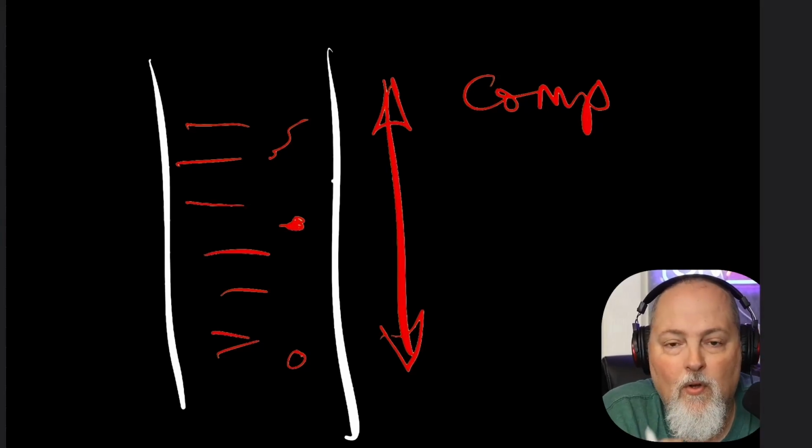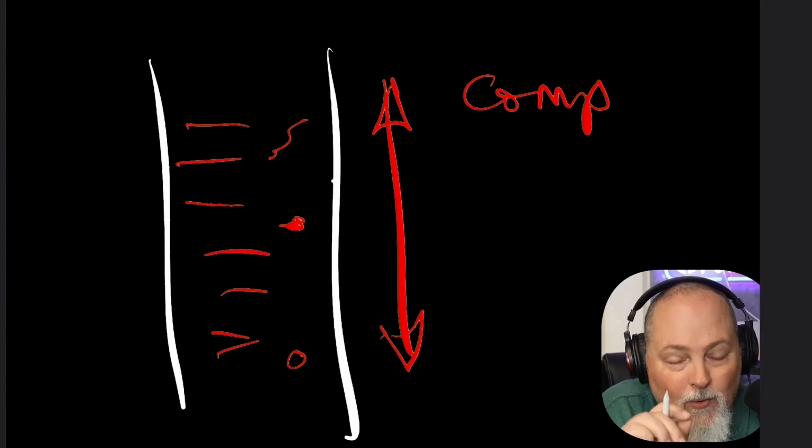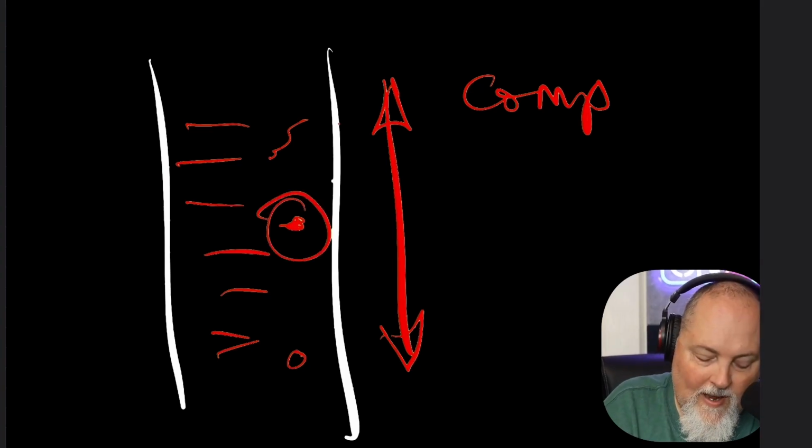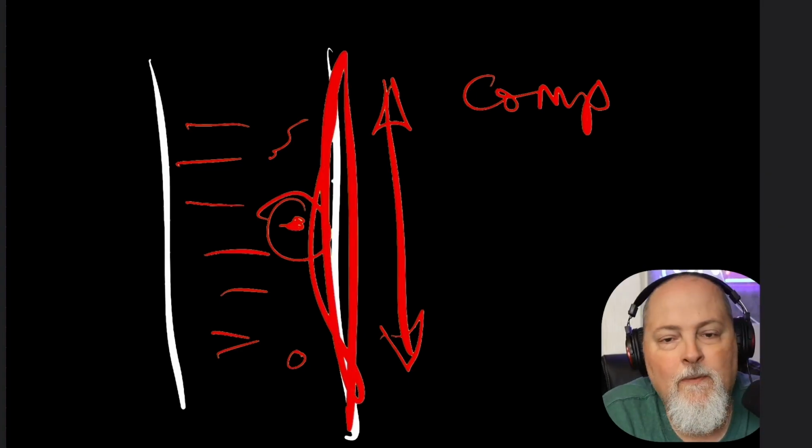The point is, all these flaws act as initiation points where local stress becomes higher than the average stress on the component. The local stress right here is higher than the average stress.